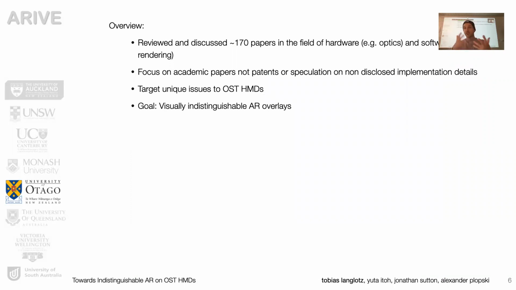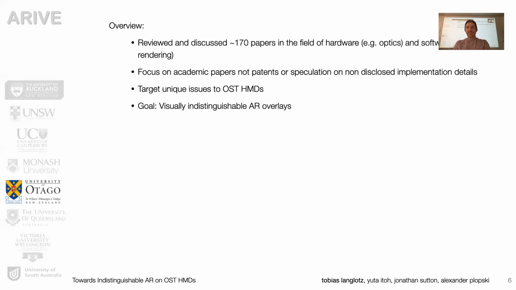Okay, so again, why are we interested? Because we are interested in creating this visually indistinguishable augmented reality experience, and we have been working on that for quite some time. We had quite some contributions to achieve that. But we were also recently looking into all the other work that has been done. You know what a survey or review paper is. So we started to look into that.